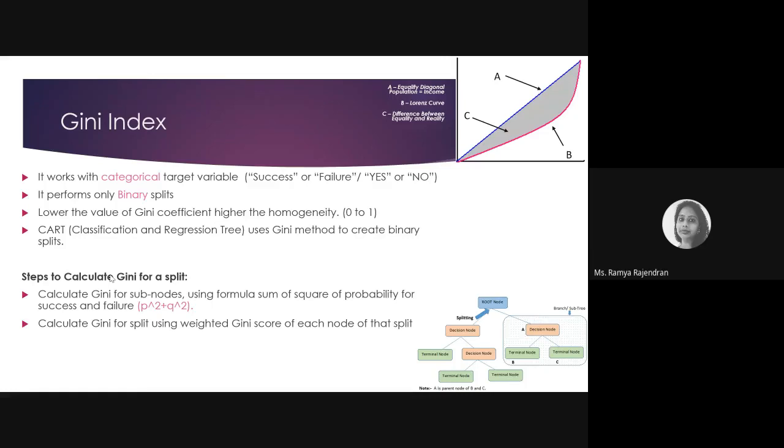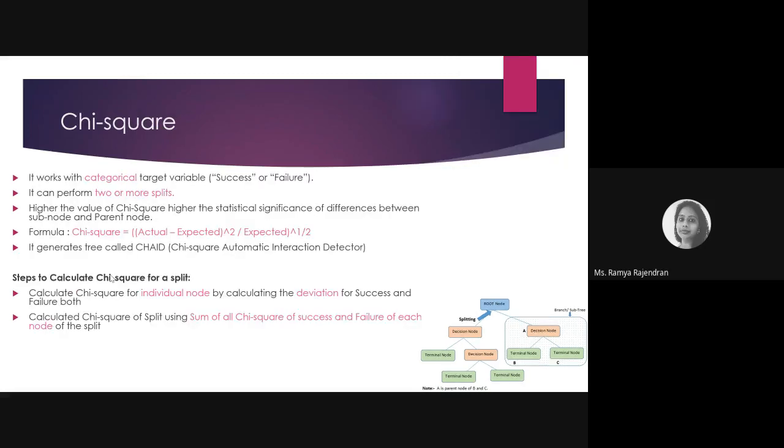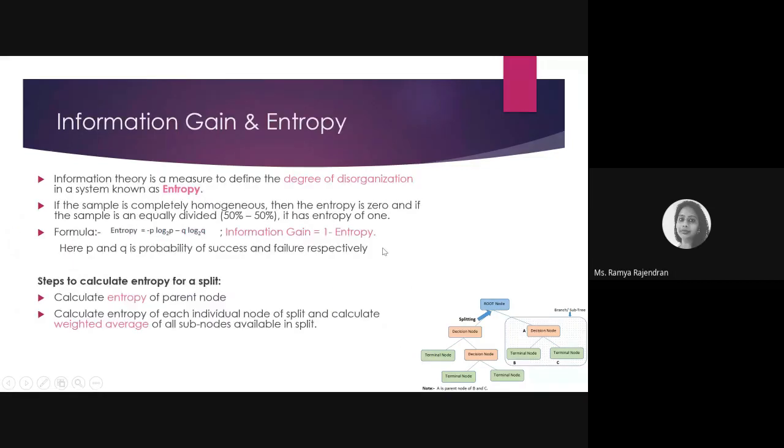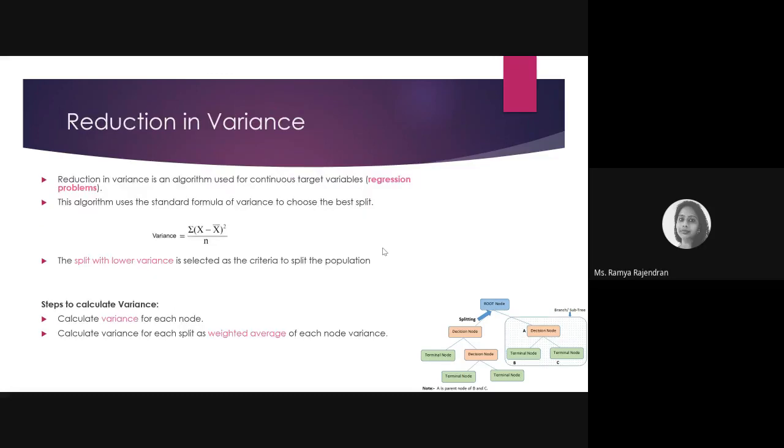Here we'll be working only on the probabilities of both the events, so it works only for binomial classification. Chi-square, as I told, works for the CHAID tree, and entropy or information gain also helps you form a decision tree structure and gives you a very beautiful tree at the end.